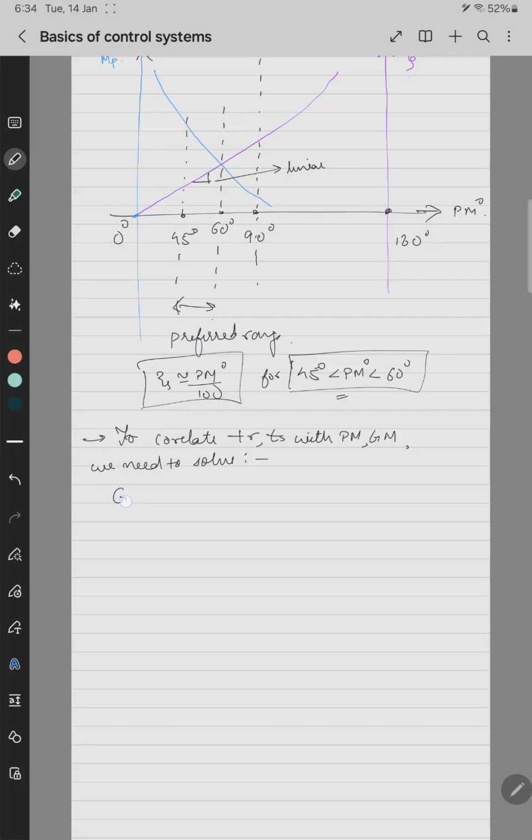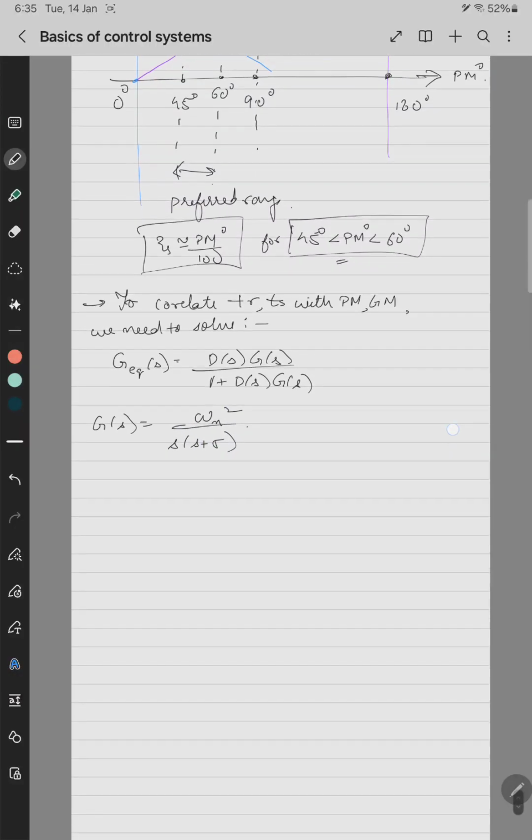So basically G equivalent of S is omega n squared by S into S plus sigma, this we have to put, and D of S is, say, Kp plus Ki by S.